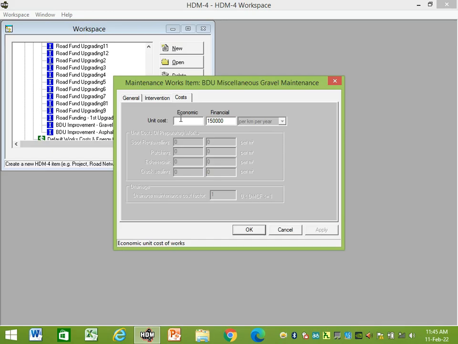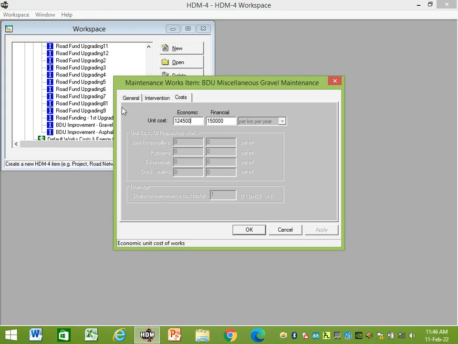If you multiply it by 0.83, it is 124,500.